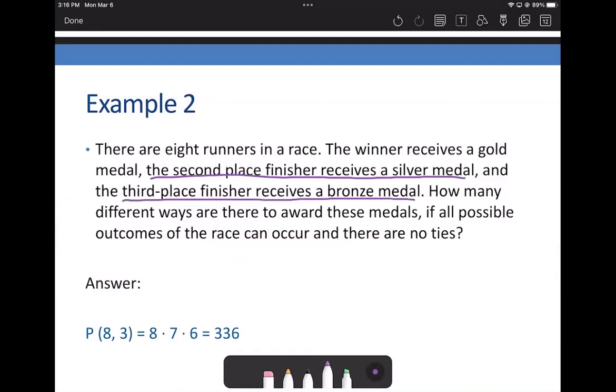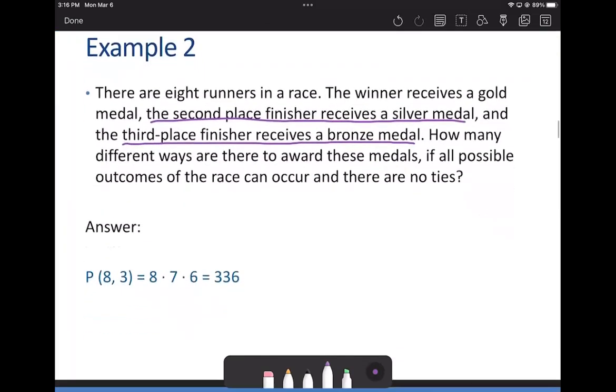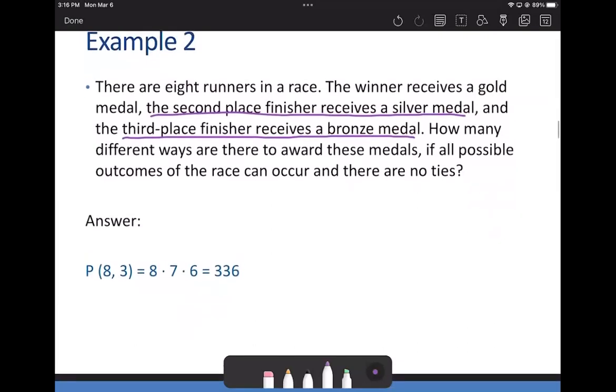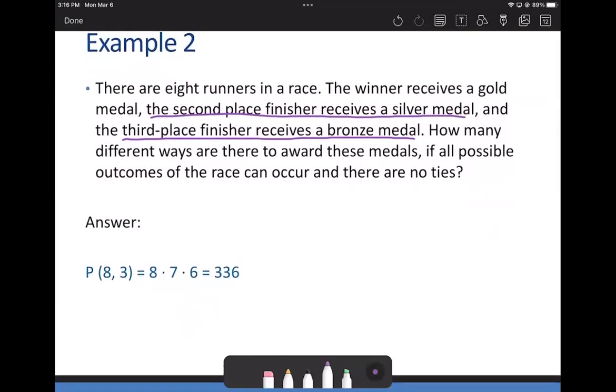So how many different ways are there to award these medals if all possible outcomes of a race can occur and there are no ties? So it's very similar to the previous example. So we just have to select these 3 people in order since na meron tayong gold, silver, and then the bronze.